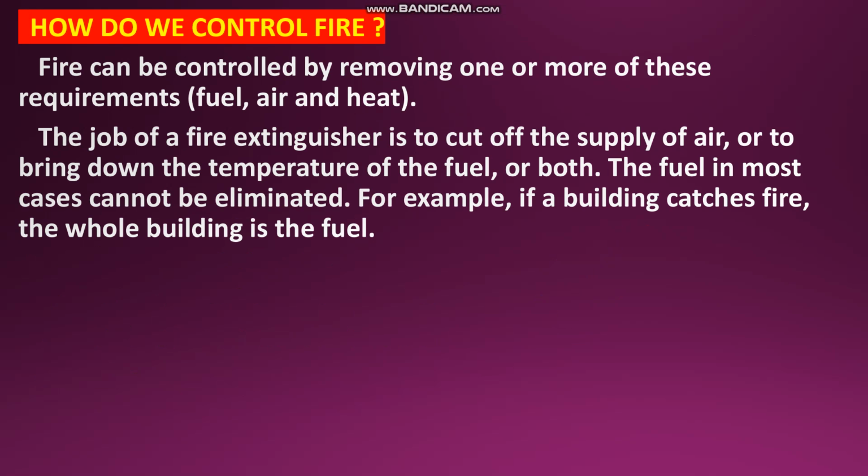Either by cutting off the supply of air or bringing down the temperature of the fuel or both. If any one of these essential requirements is removed, we can control the fire. So the supply of air can be removed, or the temperature can be lowered, or we can do both also.